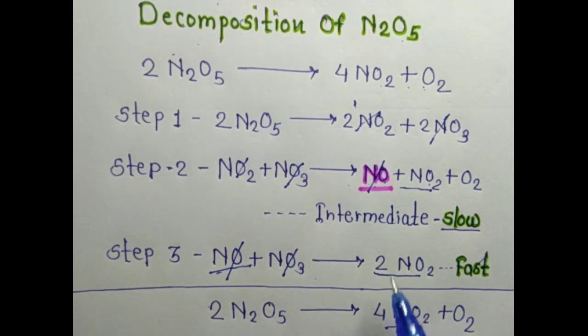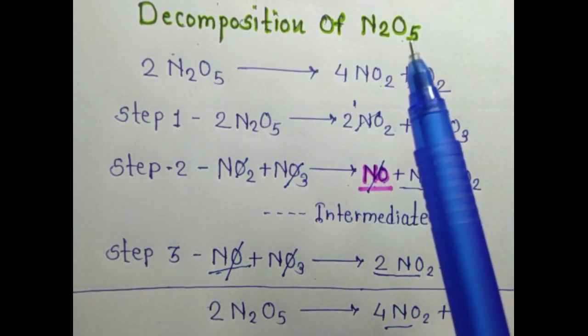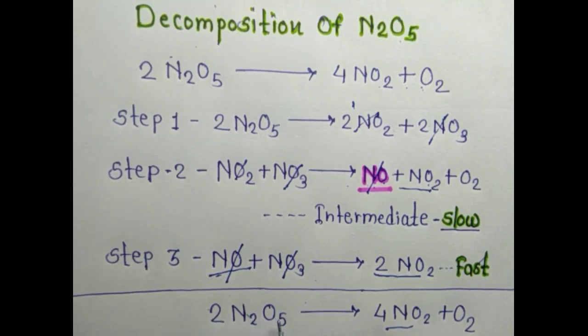This is our overall reaction of decomposition of N2O5. Here 2N2O5 means two molecules of N2O5 react, meaning the given reaction is bimolecular.